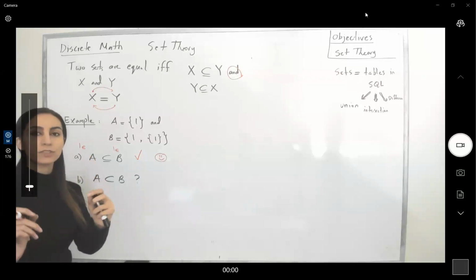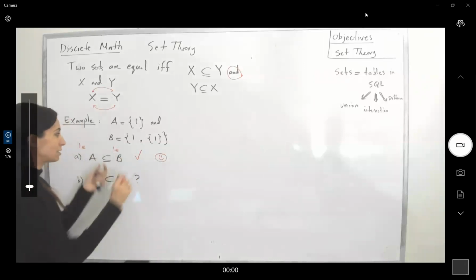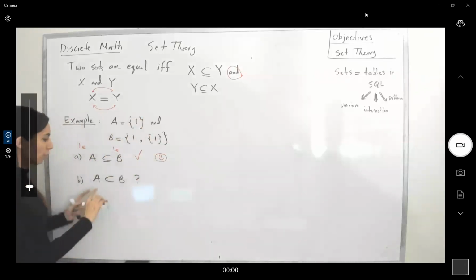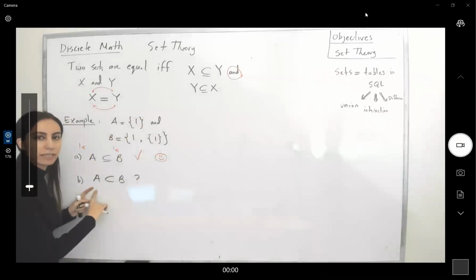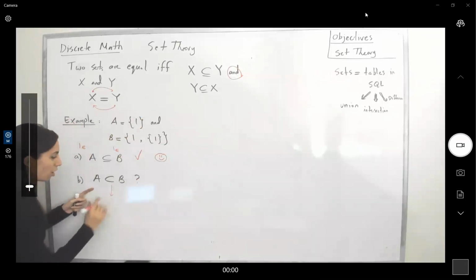Now we want to investigate that in more detail. Since you have finite numbers of elements, it's possible for us to check to see if A is absolutely a subset of B, with no possibility of equality.